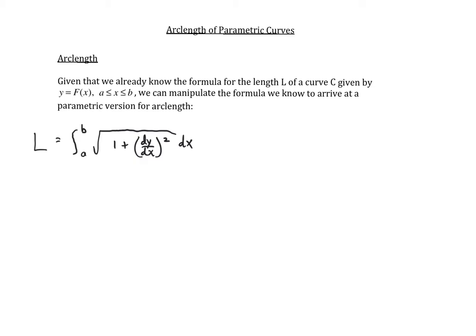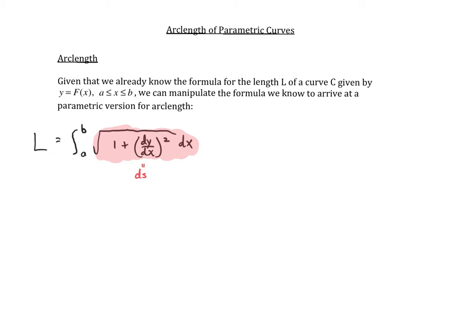And if you'll allow me, we know that we can highlight this part right here. This part right here in red is really what we called ds before. All right, so let's calculate the parametric version of this arc length.